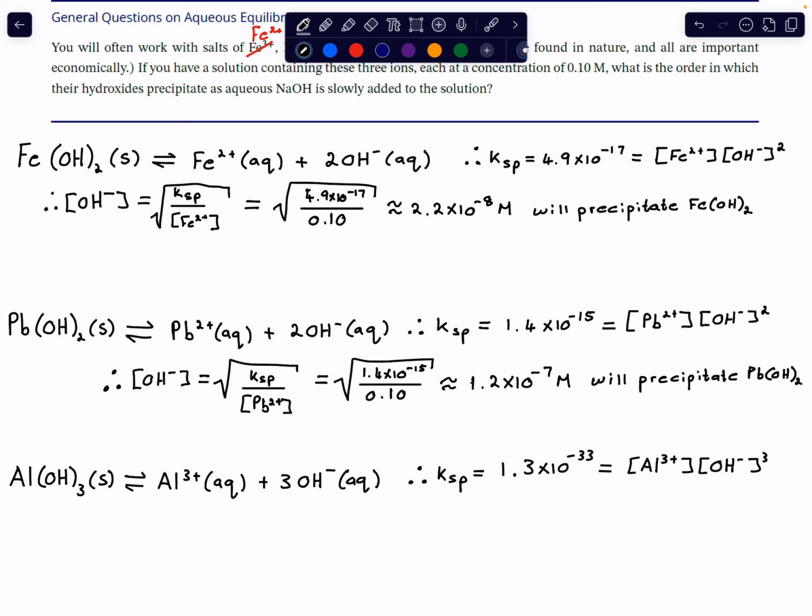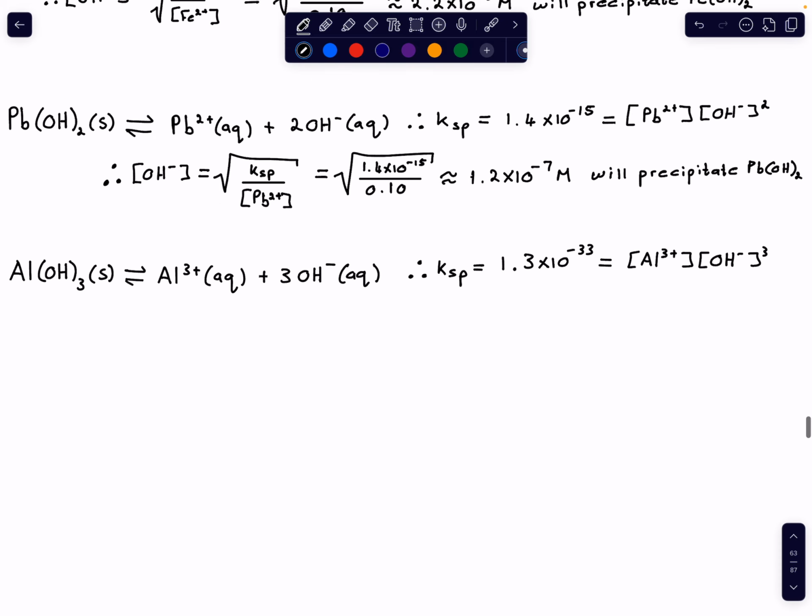All right, so now we can start to see, all right, we require a lower concentration of OH to precipitate the iron hydroxide than the lead hydroxide.